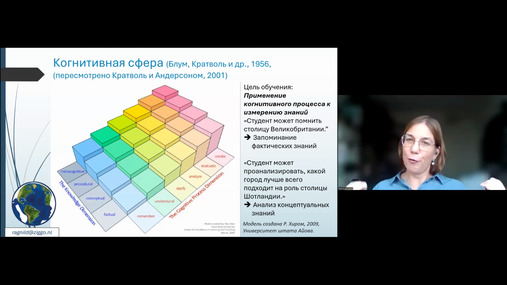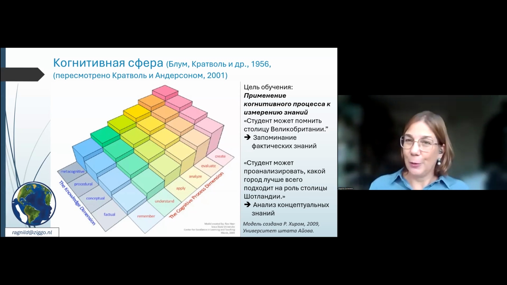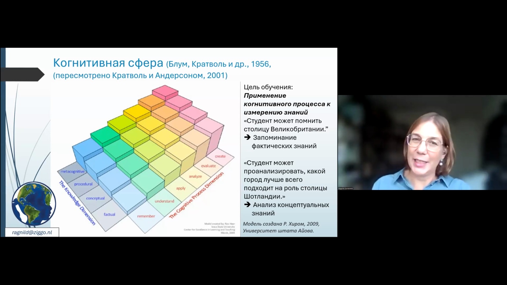So you can see the difference in both knowledge and cognitive process through these examples. And still the subject is a capital city. So I hope you can already see some of the possibilities for differentiation by this example.